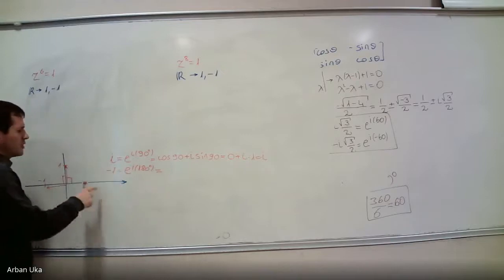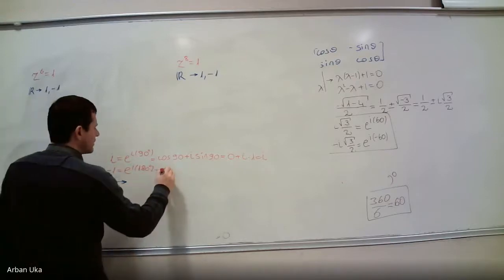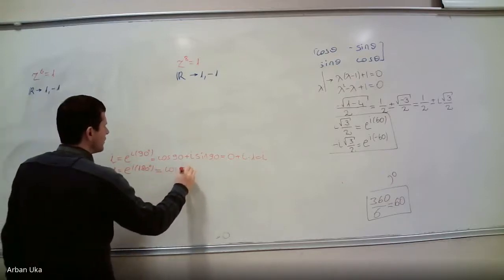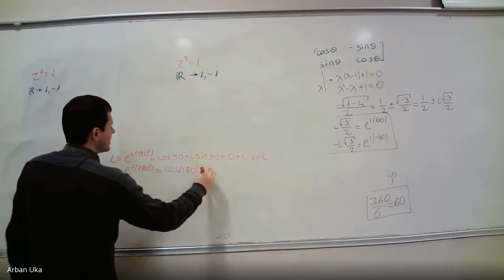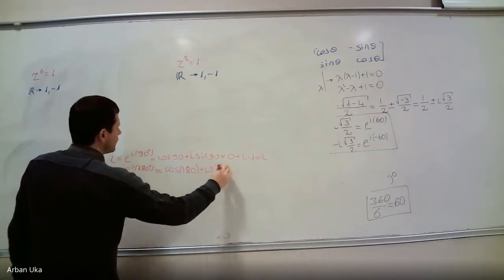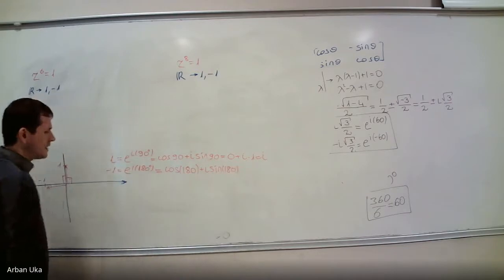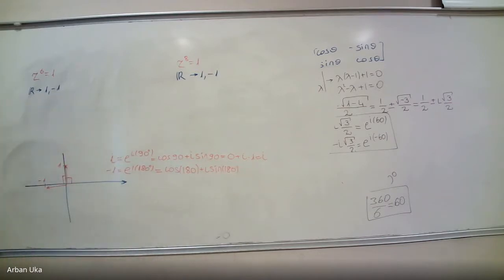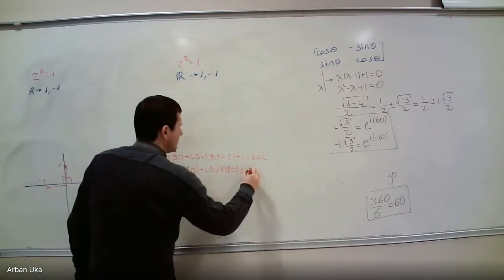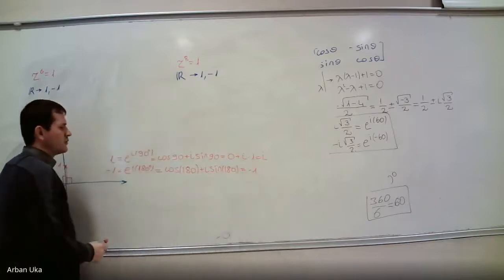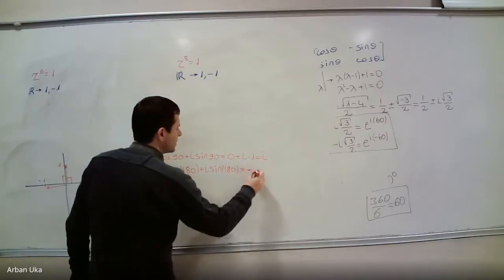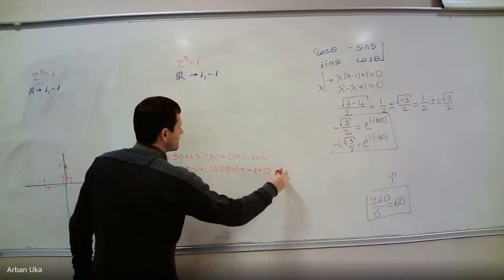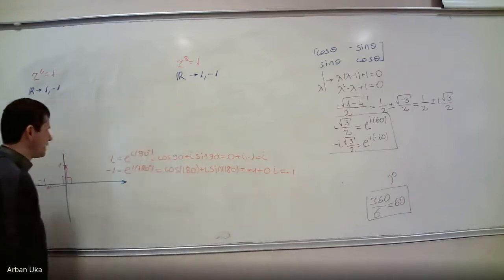We can check this: it is cosine 180 plus i sine 180. Cosine 180 is minus 1, and sine 180 is 0. So we get minus 1 plus 0 times i, which is minus 1.